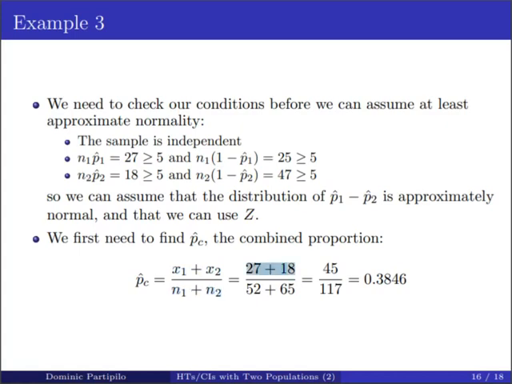So this is 27 plus 18 over 52 plus 65. If we calculate that, we'll get 0.3846. And we need to do that first because that's one of the pieces of our formula for our test statistic.